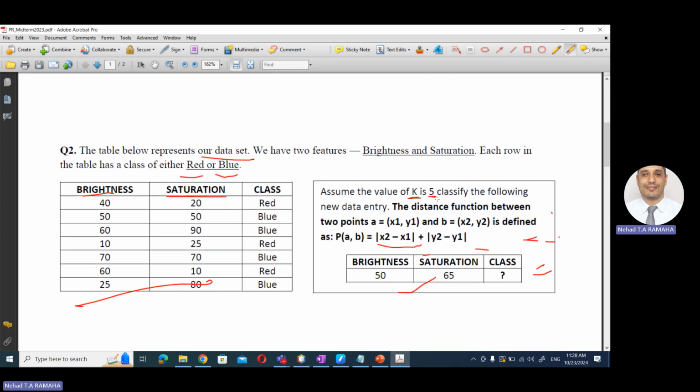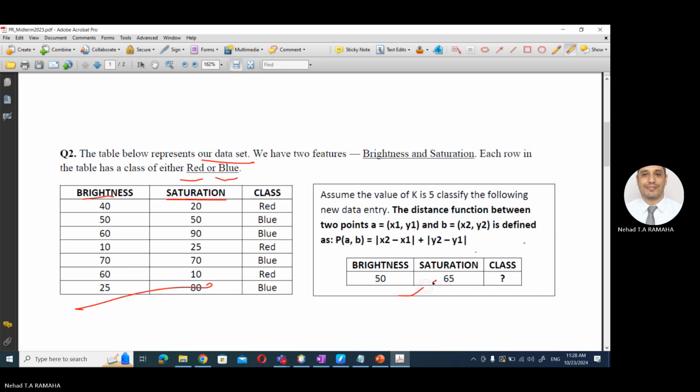Write your name on the paper because I will collect it. You are not here to have fun. Because I see that most of you are not trying to solve it. I will share this file with you.